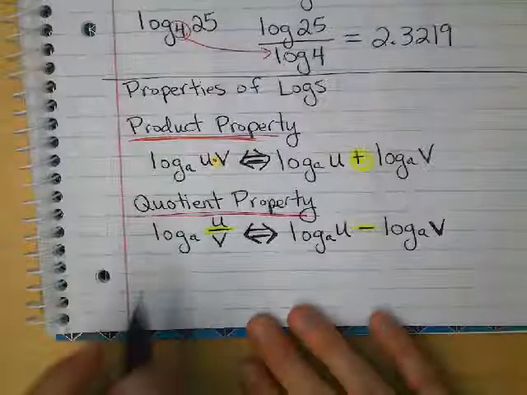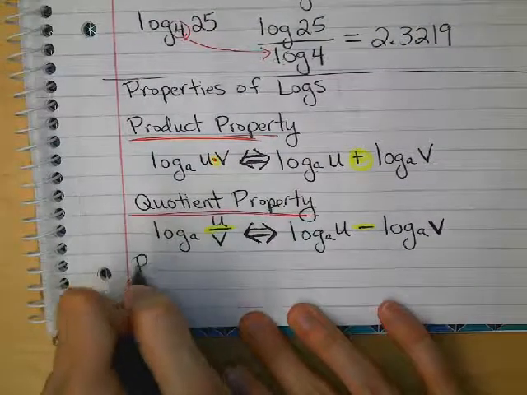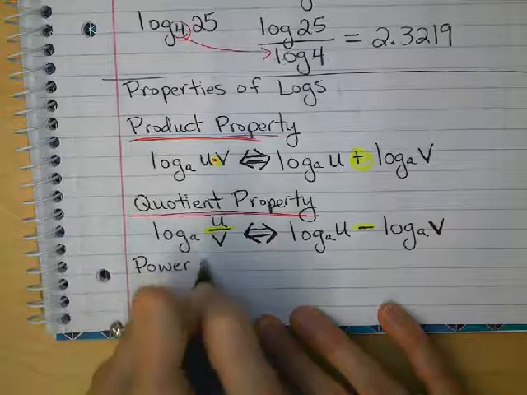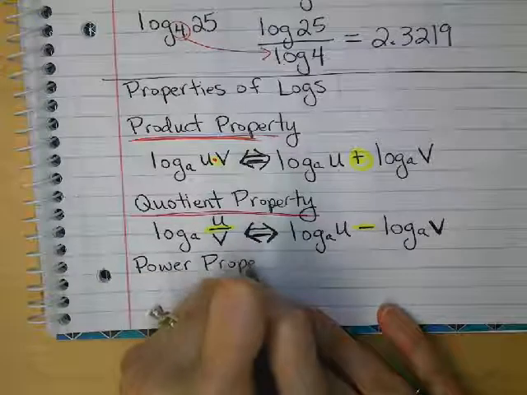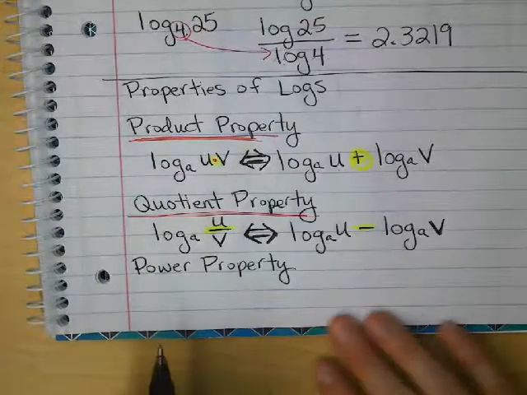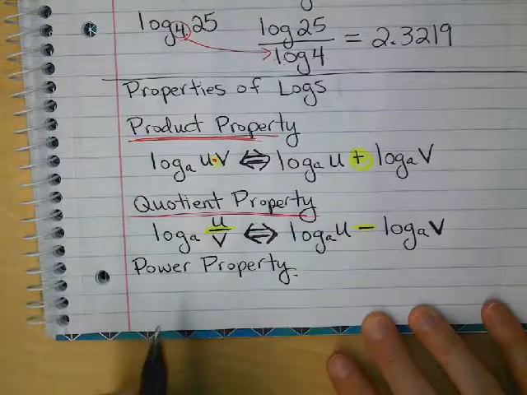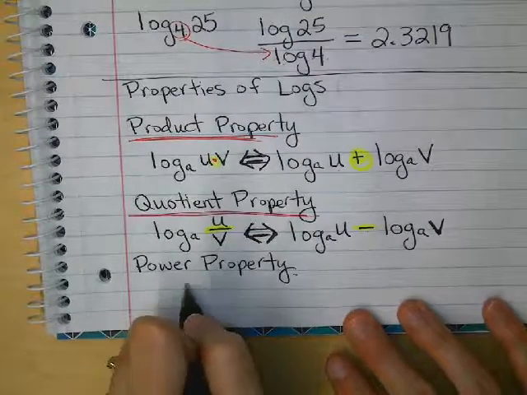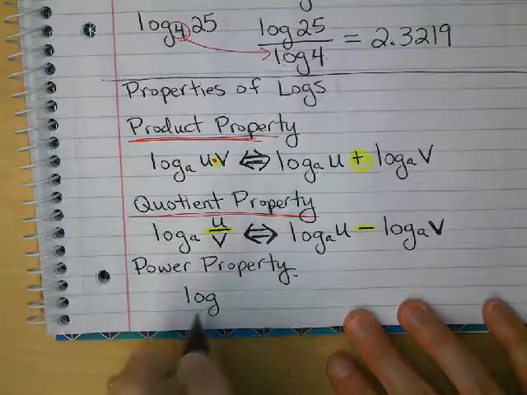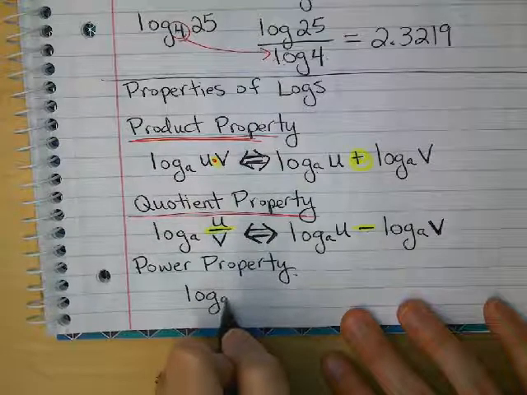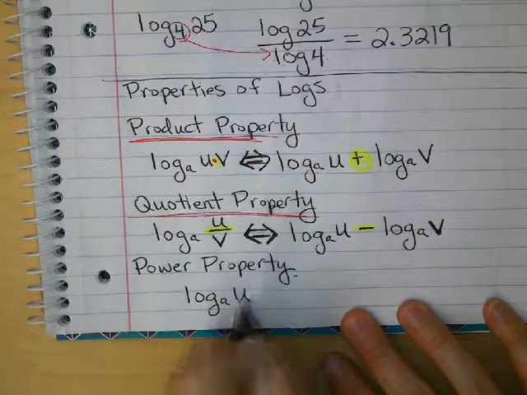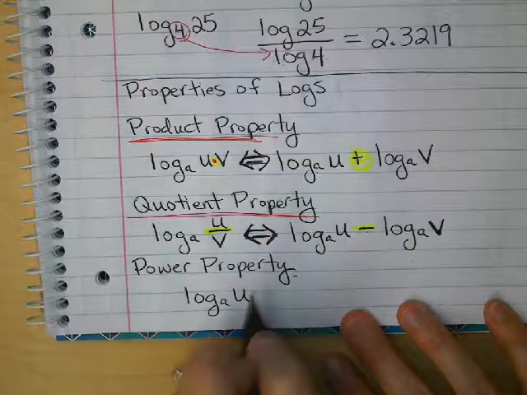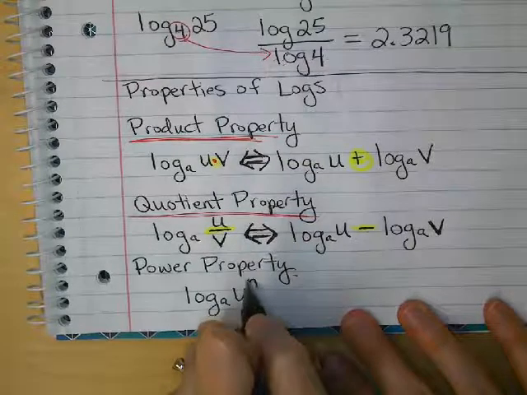And then the third property is called the power property. I'll write this one out. Log base a of u to the n power.